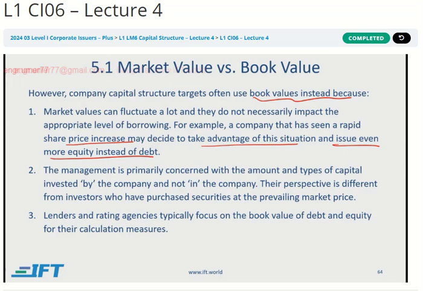Similarly, another reason why the companies are more inclined towards focusing on market values not of their own stocks but of other stocks and bonds and other assets, because the management of the company is primarily concerned with what they're doing with the money that they have, right? That is money invested by the company and not the money invested in the company.